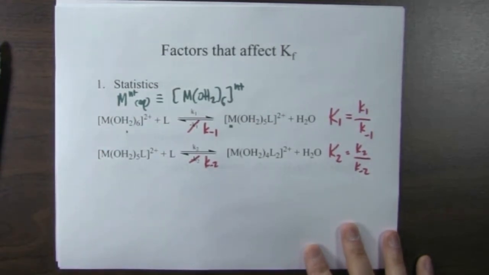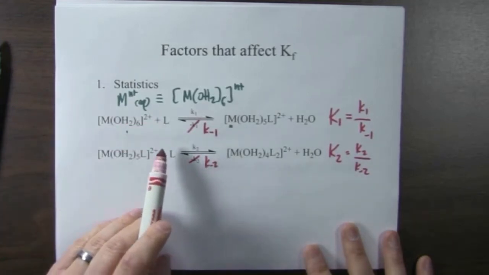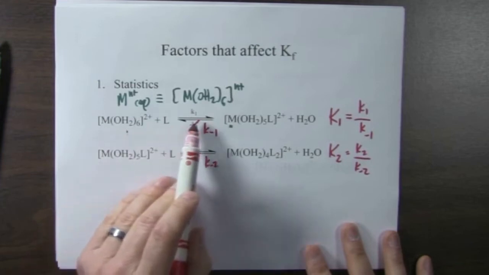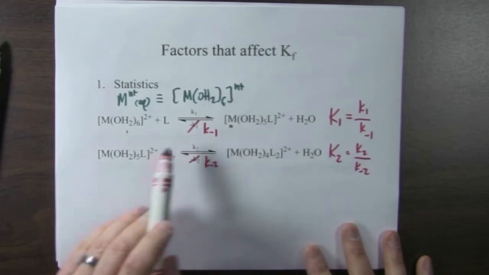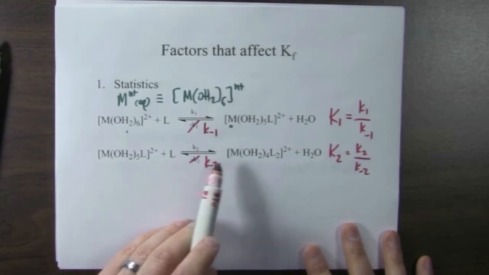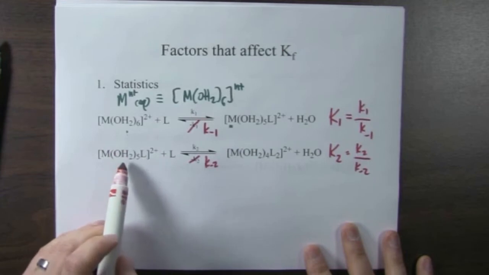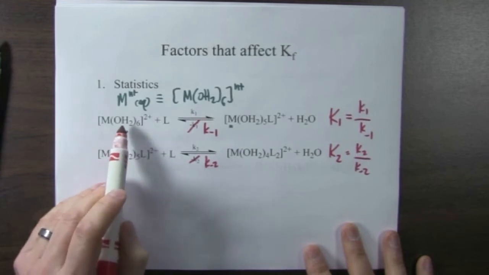And we know that the rate of this happening is going to be more than the rate of this happening, because here we have 6 water ligands to displace, whereas here we have 5.